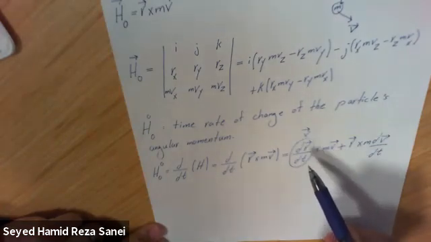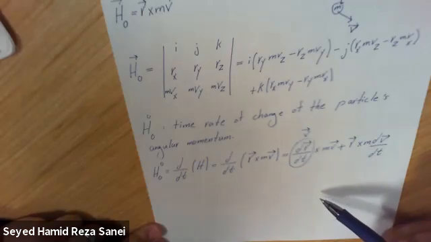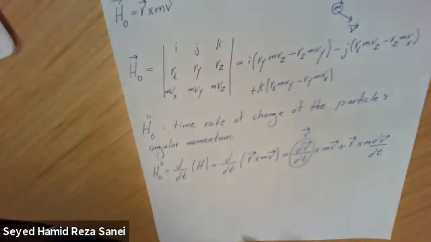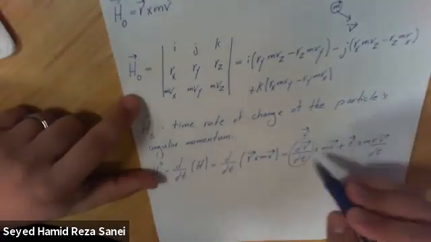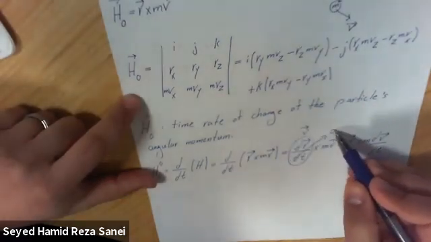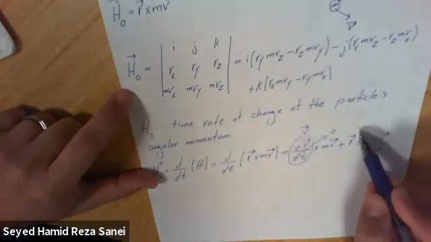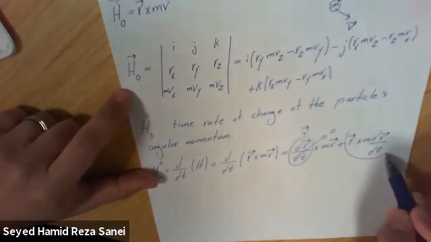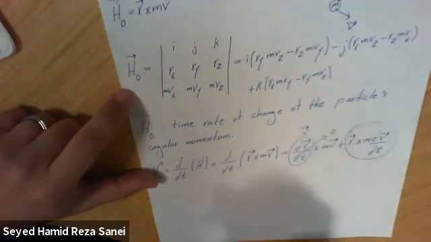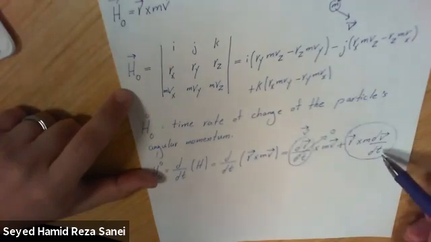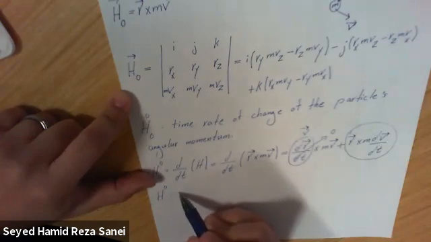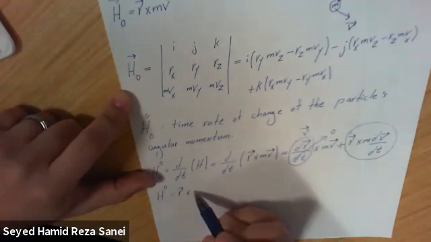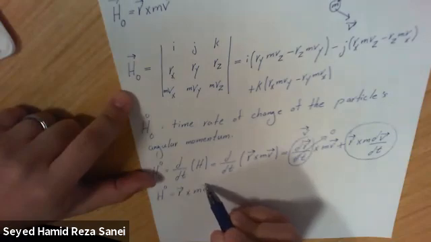What would be the cross product of a vector by itself? It would be 0, because the two vectors are parallel, and for two parallel vectors the result of the cross product is 0. So the whole term goes away, and we only have the second component. In the second component, dv over dt is the definition of acceleration. So H dot simplifies to r cross ma.